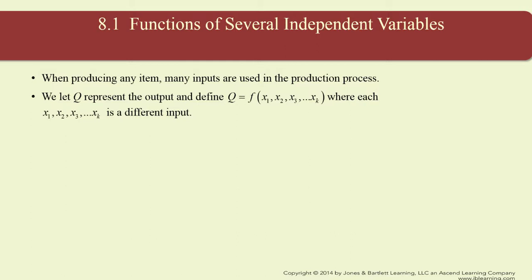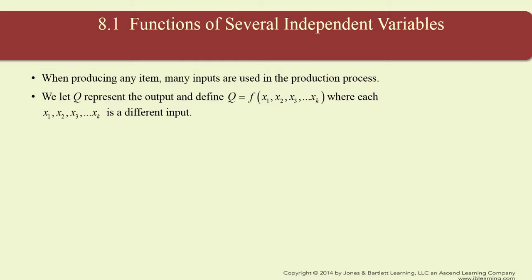So the output Q, baseball bats say, is a function of many variables. Notice here I'm labeling them as x sub 1, x sub 2, x sub 3, and so on up to x sub k, where each of those x subs is a different input.